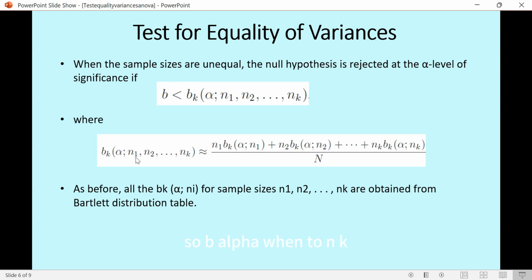B alpha n1, n2, nk equals n1 times b_k alpha n1 plus n2 times b_k alpha n2 and so on, then divided by the total sample size. This is the critical value we compare with.